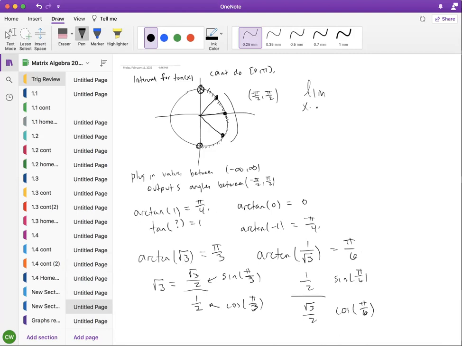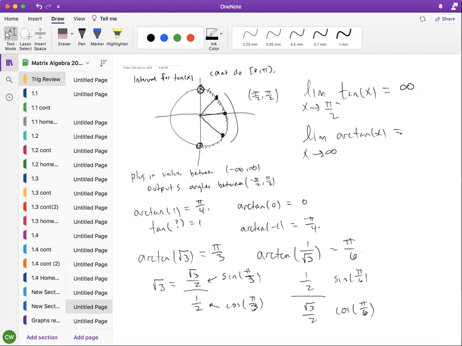One thing that's cool is that since we know the limit as x approaches pi over 2 from the left of tangent is equal to positive infinity, then, and this is something we'll do next class, notice the limit as x approaches infinity of arctangent.